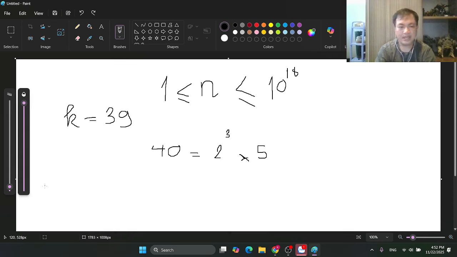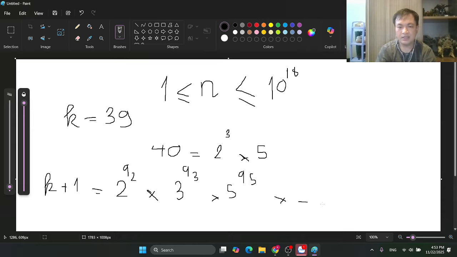So that means k plus 1 will be equal to 2 to the power of Q2 multiplied by 3 to the power of Q3 multiplied by 5 to the power of Q5.